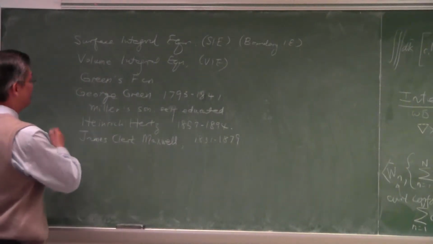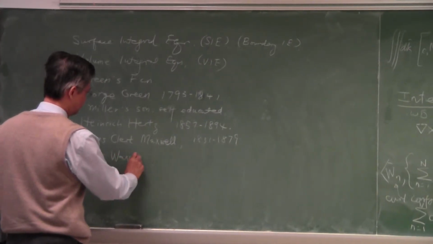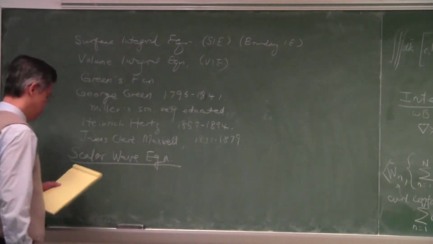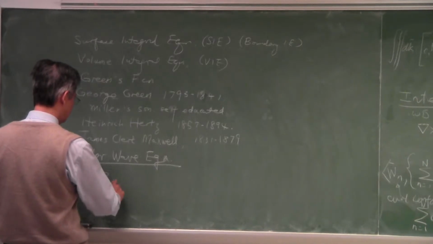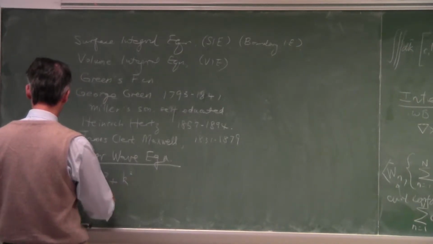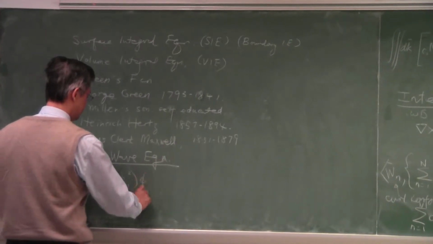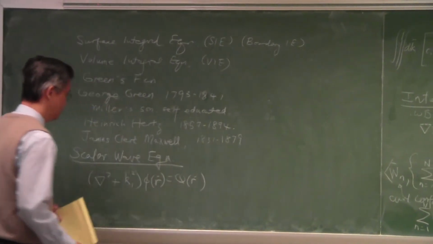I was going to start with scalar wave equation first. Okay, and let's talk about a very simple case of a differential equation like the Helmholtz wave equation that we like to convert into a surface integral equation.